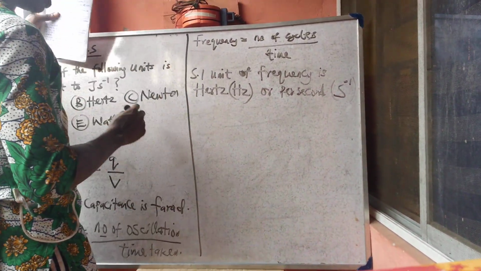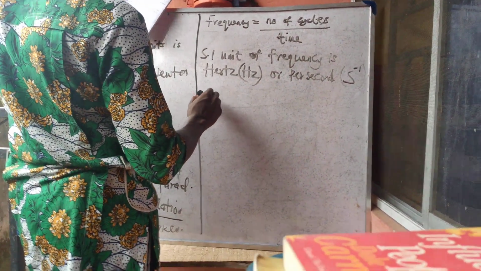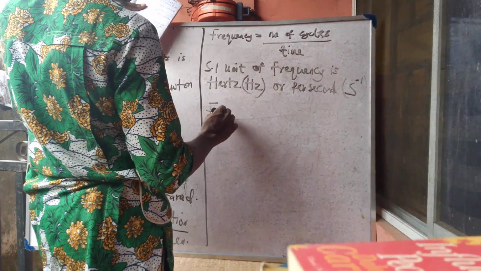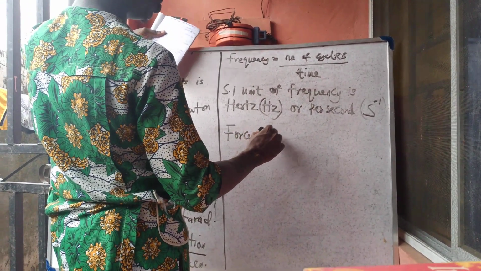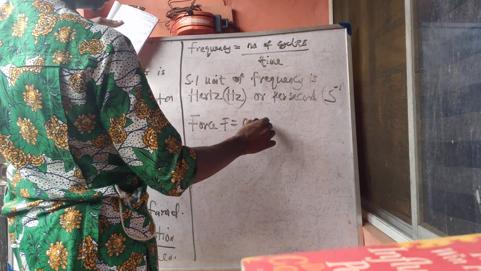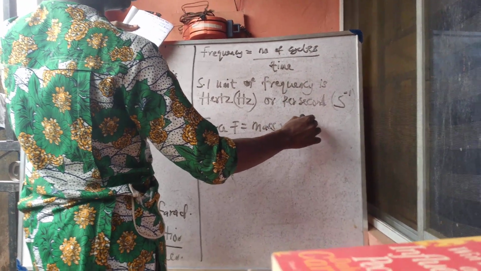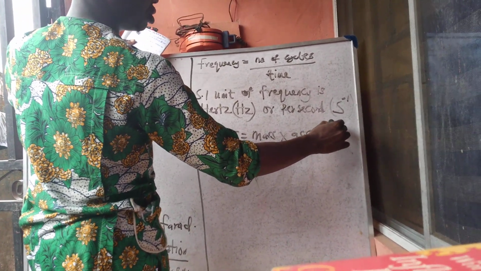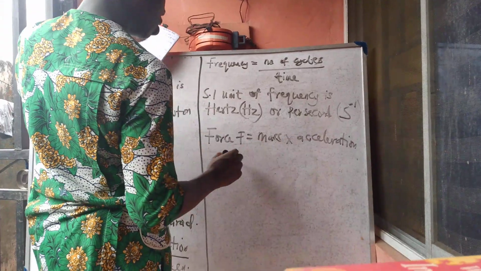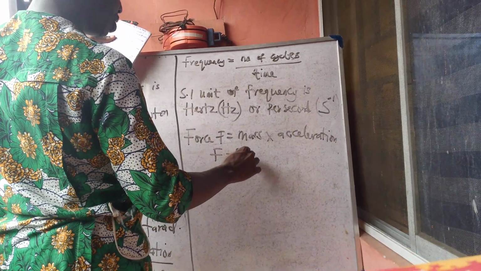Now another one we'll look at is Newton. Newton is the SI unit of force. Force F is equal to mass times acceleration, so F equals MA.